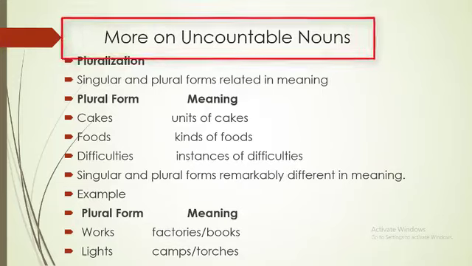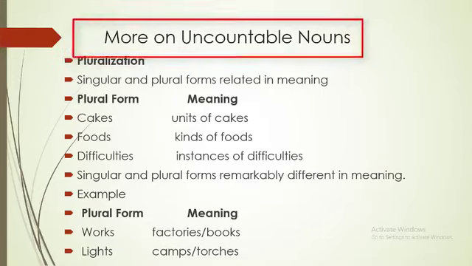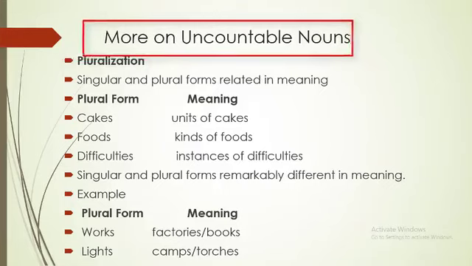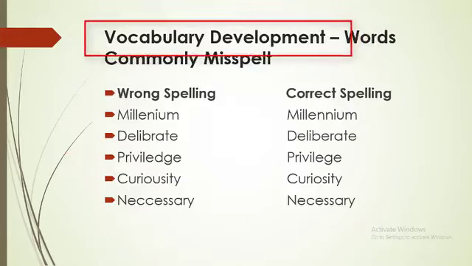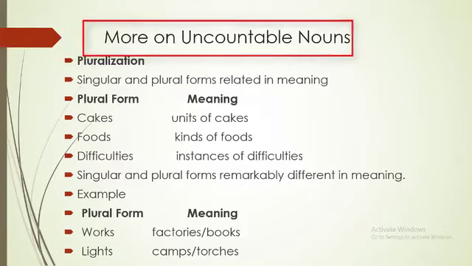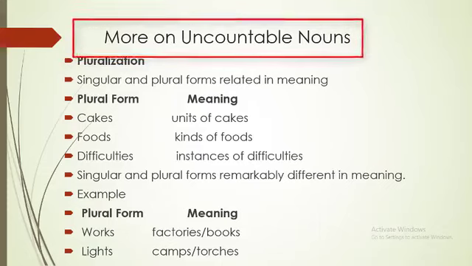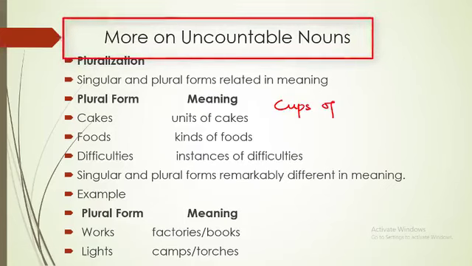So let's move on to what you call pluralization. How do we pluralize or form the plurals of non-count nouns? We do that by focusing on the partitive. Cups of water, not cup of waters, is cups of water.